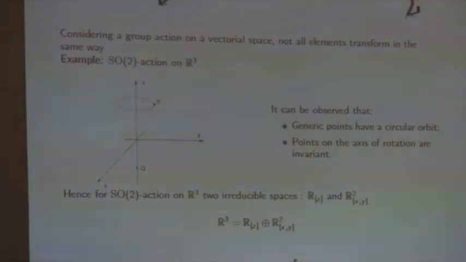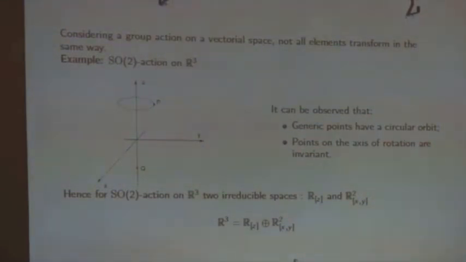Kind of trivial example, but very visual, is the action of the rotation on three-dimensional space. If you look at the orbit of a point, so the kind of trajectory of your point under the rotation, it will appear that all the points that are on the axis of rotation will remain invariant, while the points that are outside your axis of rotation will turn.